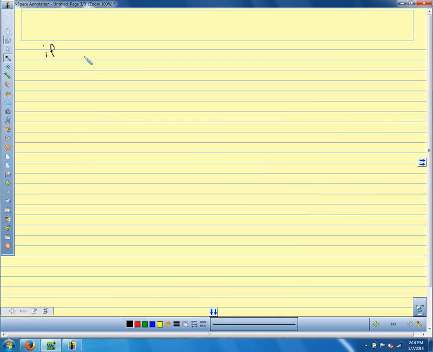So if the magnitude of our vector is 1, then we call v a unit vector. And unit vectors are going to be very important in what we do later on with vectors.